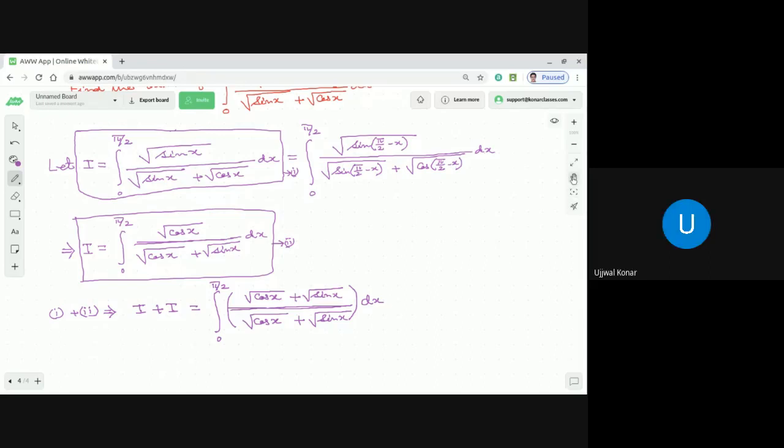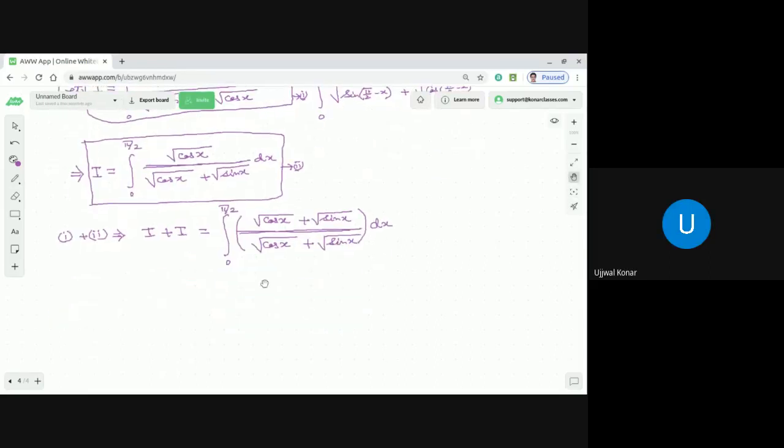So then we are going to get 2I is equal to the integration from 0 to pi by 2 of just dx, since square root of cos x plus square root of sin x can never be 0.